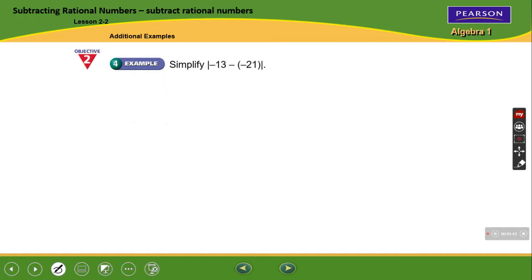This says simplify the absolute value of -13 minus -21. So first thing you got to remember is absolute value means distance from 0. So we're going to end up doing that in the end. Absolute value is going to be like parentheses, so minus a negative 21. I'm just rewriting this problem right now. So let's see, what's that going to equal?